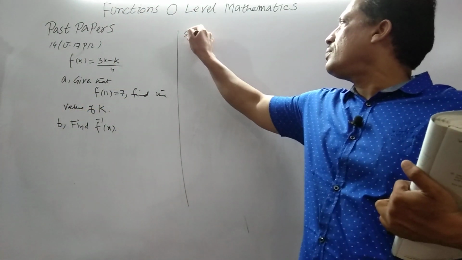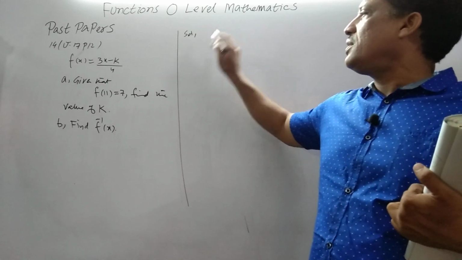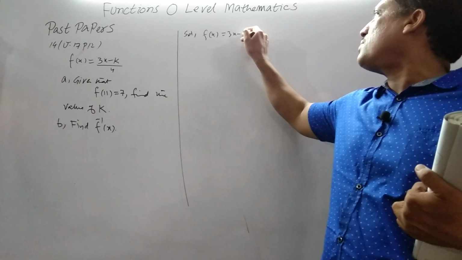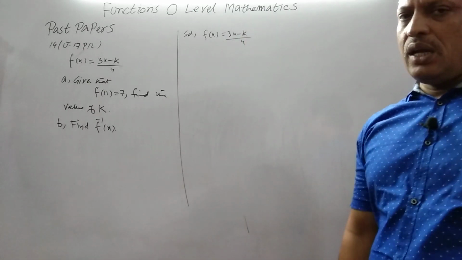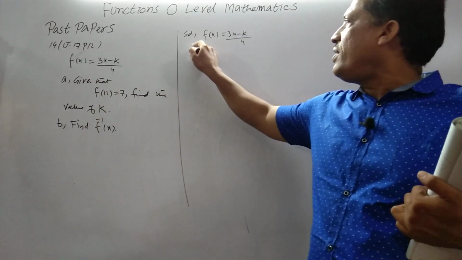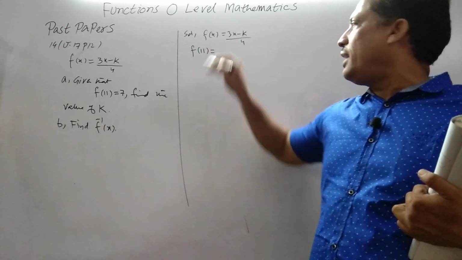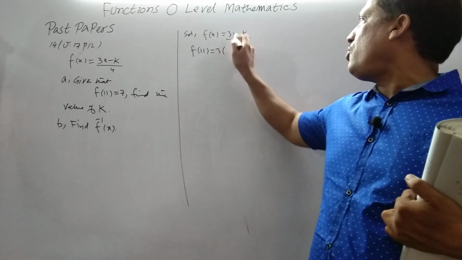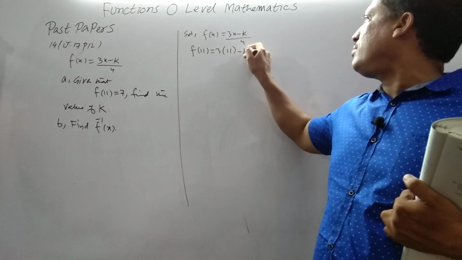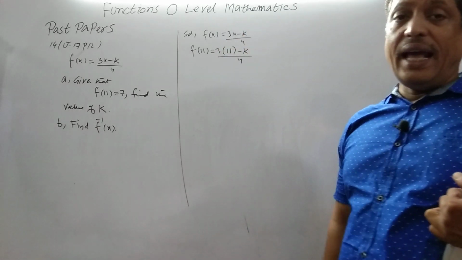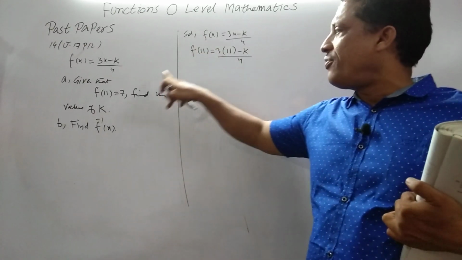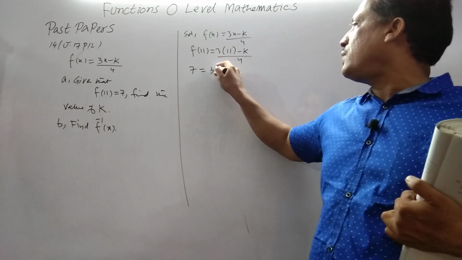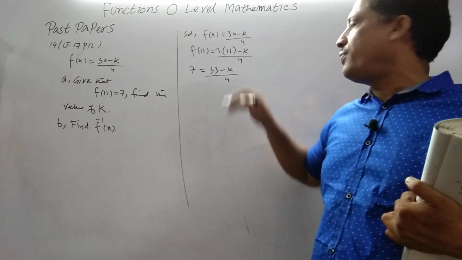Solution. First take f(x) = (3x - k)/4. F of 11 means we have to put 11 where we see x in the question. So 3 into 11 minus k over 4, and the value of this whole f of 11 is 7. 3 elevens are 33 minus k over 4.